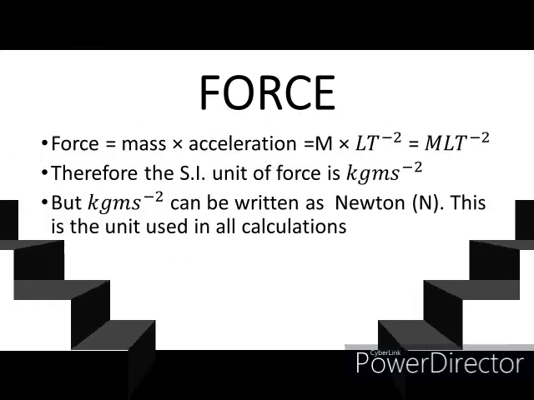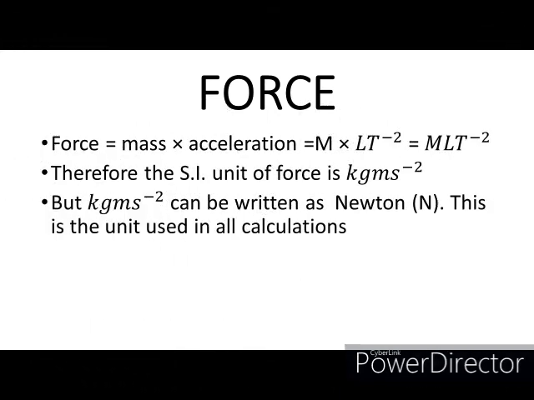We have force, mass times acceleration. Since we have gotten acceleration as LT^-2, multiplied by mass, we get MLT^-2. So the unit of force is kg m per second squared, which is written as Newton, which is used in all calculations.